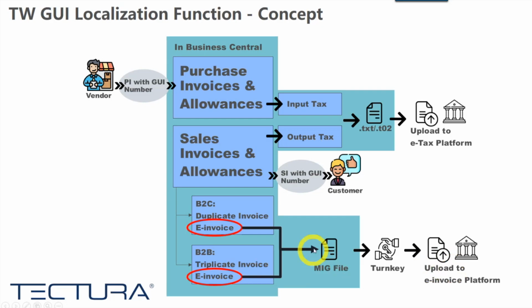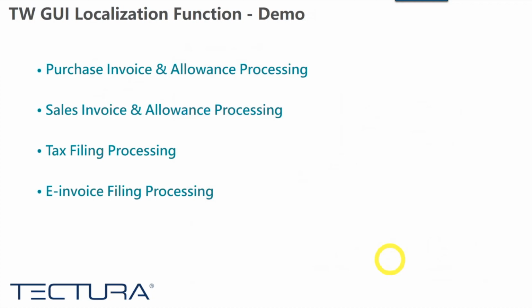So we will create a make file in Business Central, and then transfer it through the turnkey or a third-party e-invoice platform to upload to the government e-invoice platform. So this is pretty much the concept, and then we'll directly move to the next slide.